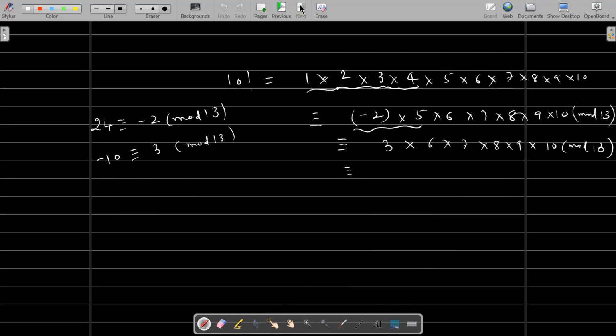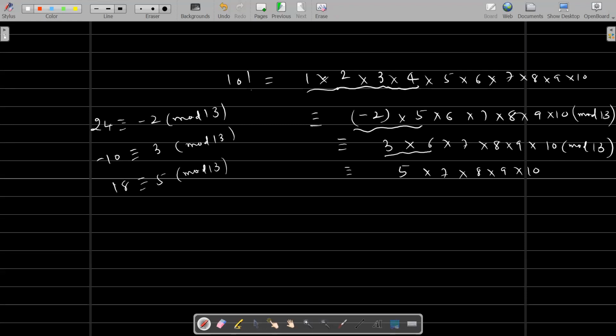Then in the end, you multiply by 6. Yes, 6. Okay, I understand. So now 3 into 6, that is 18. 18 is 5 mod 13. So this is 5 into 7 into 8. Your method is straightforward, only thing, it's a little lengthy.